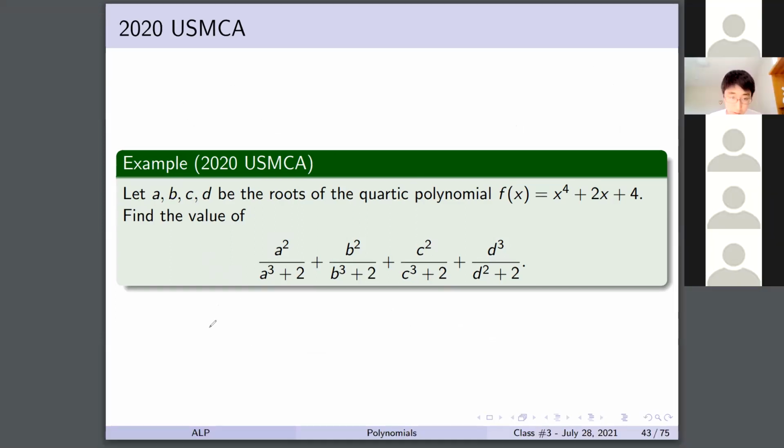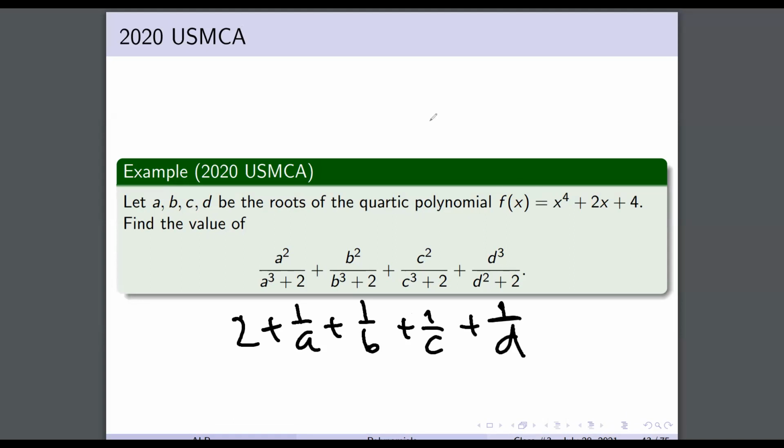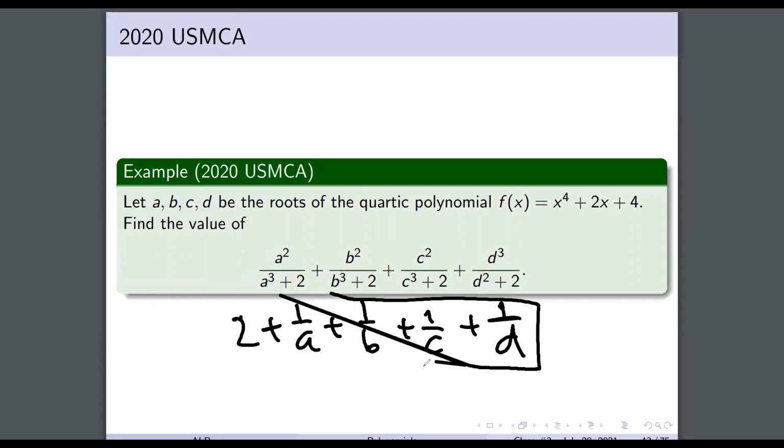Therefore, we get that all of these equal 2 plus 1 over a, plus 1 over b plus 1 over c plus 1 over d. Now, we want to find a common denominator. And basically, we realize that if we look at only the ones that are reciprocals, this will be equal to s of 3 over s of 4.